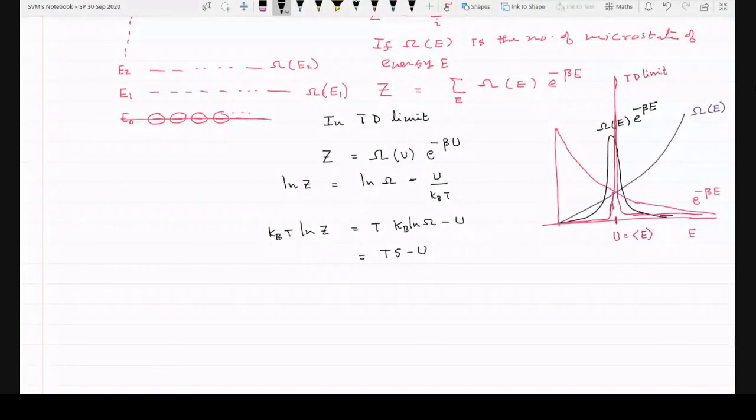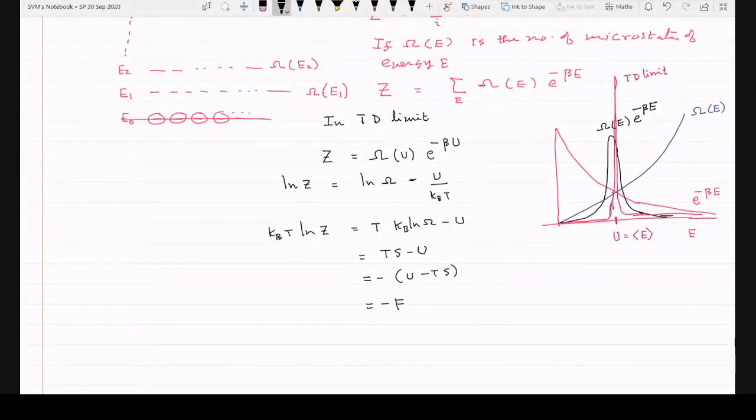So I can write this as minus of U minus Ts. You know what is U minus Ts? This is called Helmholtz free energy, F. Or some books write it as A, doesn't matter.